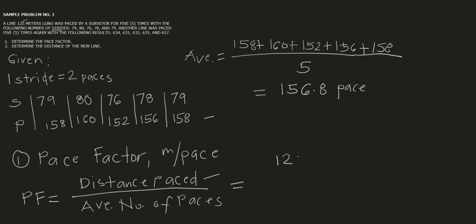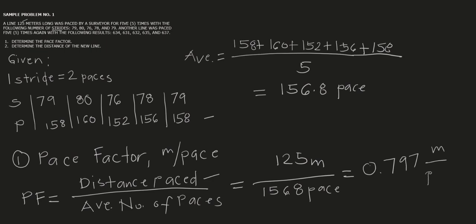So, 125 meter divided by 156.8 pace. So, ang nakuha natin ay 0.797 meter per phase. Ayan. So, ito ngayon yung magiging answer natin sa number 1, yung phase factor.